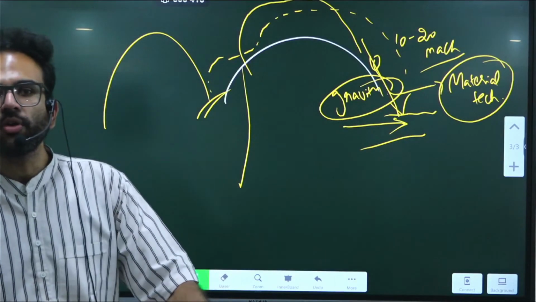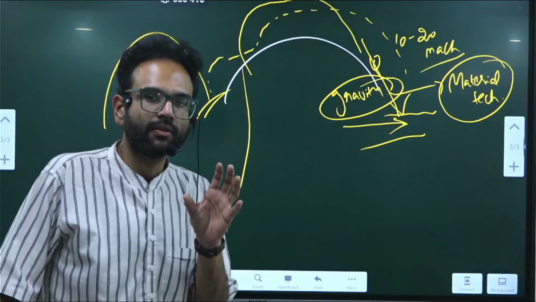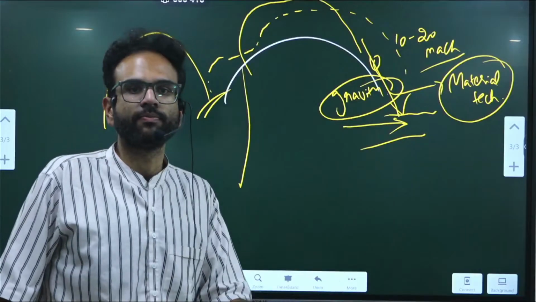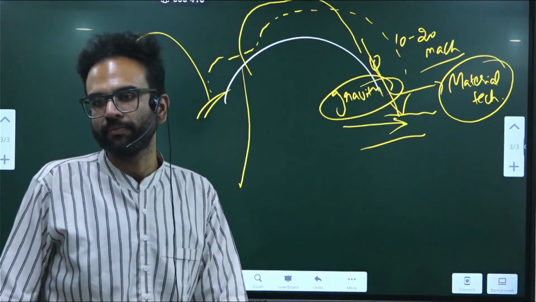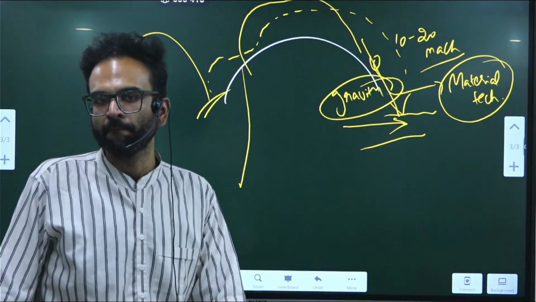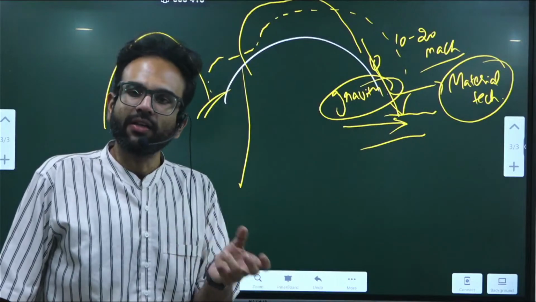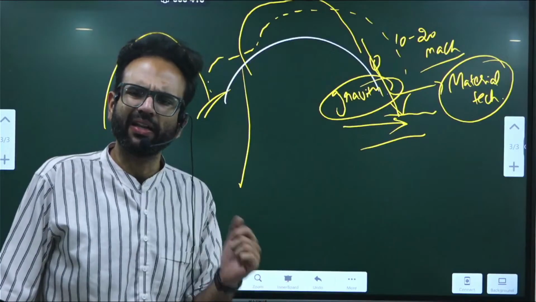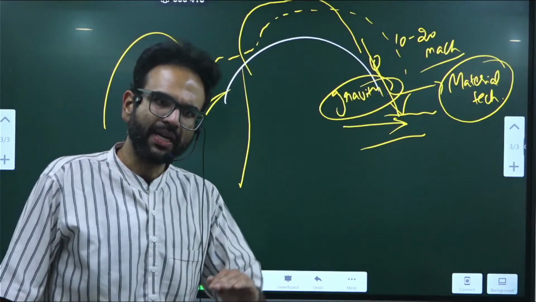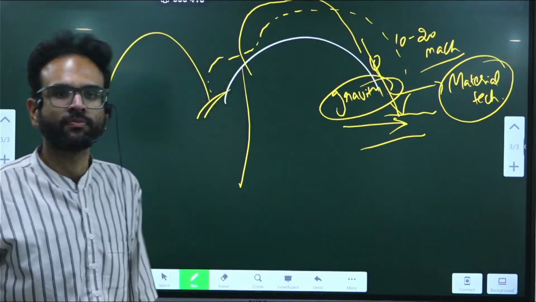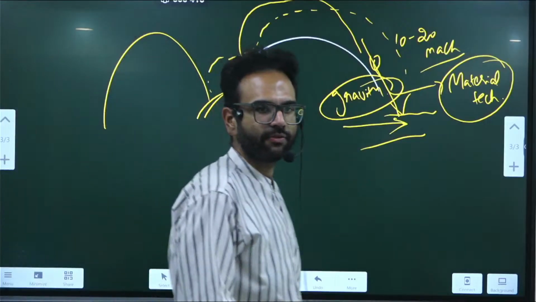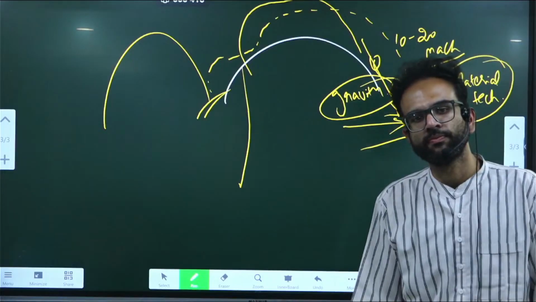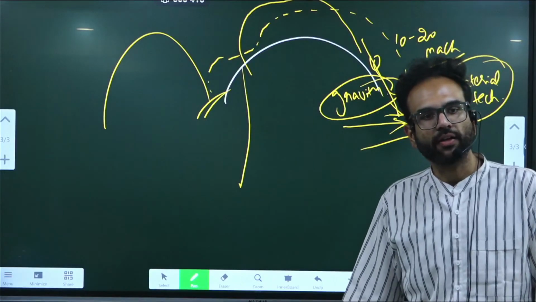So when you are talking about a cruise missile, this aspect comes from our ability to guide it. Technology. If you can't control it, the point of speed is immaterial. Speed is secondary because everybody will achieve the same hypersonic speeds. There is no differentiating factor.